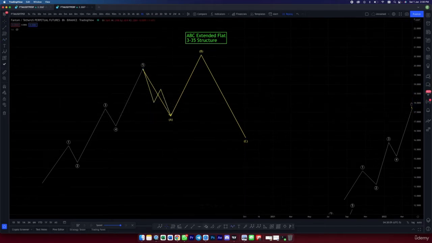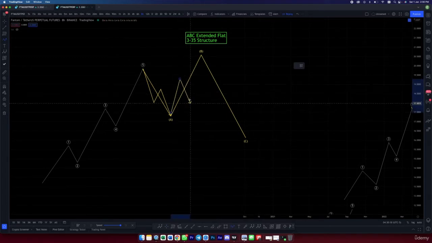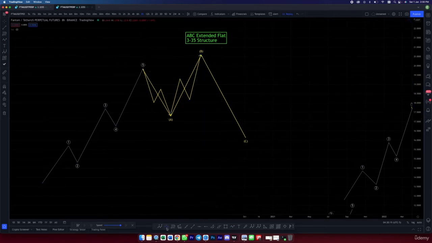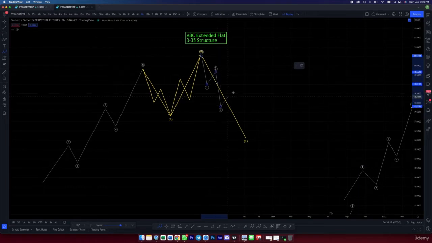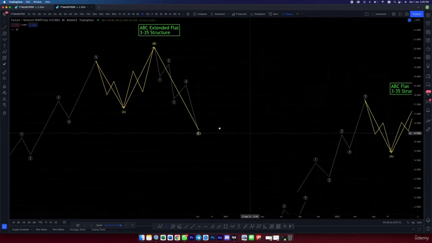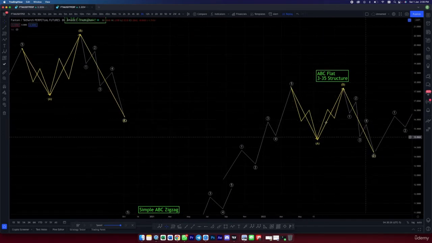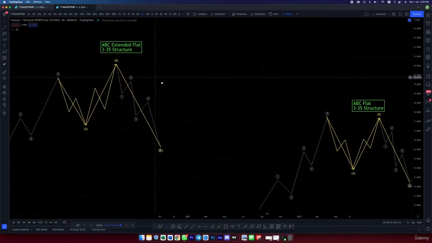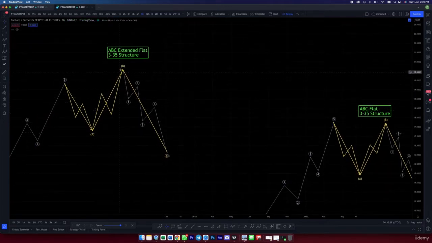B will also contain 3 waves, but what you will see is that B has gone beyond the top of wave 5, and C will retrace wave A more than 100%. So it will fall lower than wave A actually. So it's again the same as the ABC flat. We have a 3 3 5 structure, but here B did not go beyond wave 5, so it will fall lower than wave 5, but when we talk about the extended flat, B will actually go beyond wave 5.